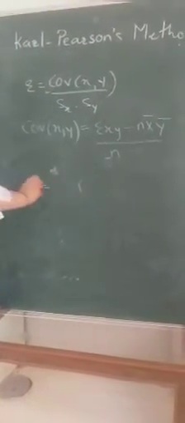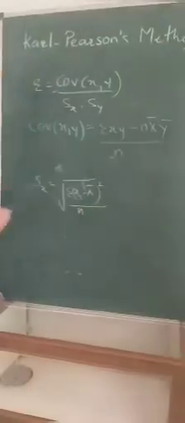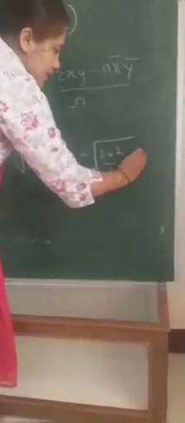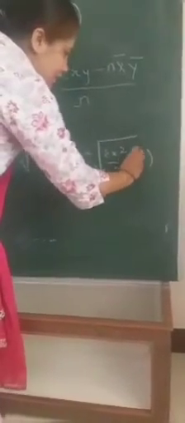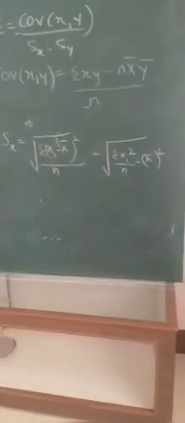The standard deviation can be written as the square root of summation xi minus x bar square upon n, or it can also be written as the square root of summation xi square upon n minus x bar square. These two formulas are valid here.